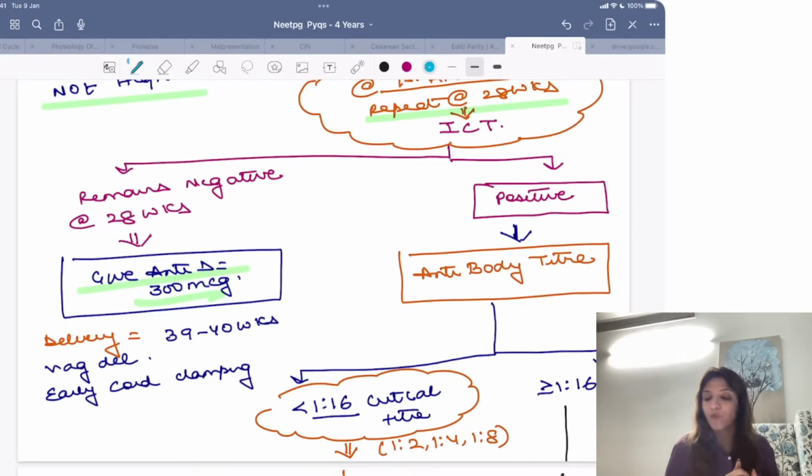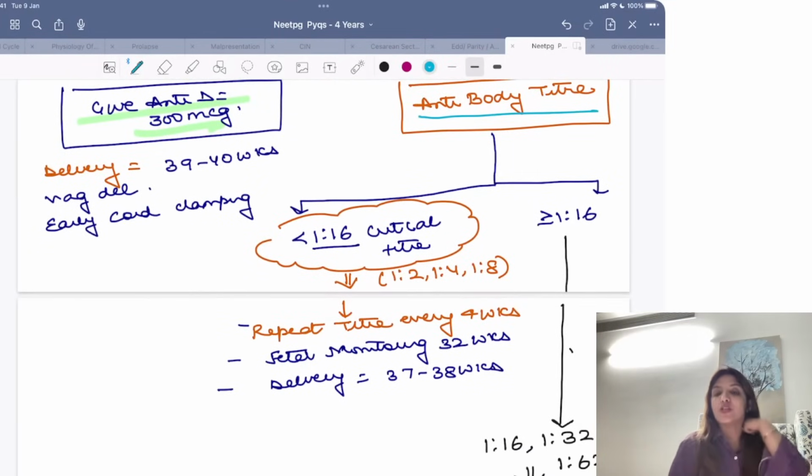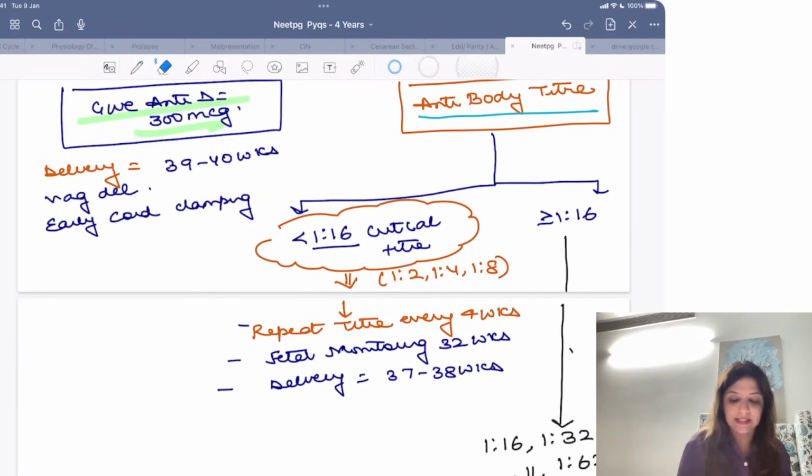Right? Now I want to know how many antibodies the mother has produced. For that I am going to do antibody titer. Now, antibody titer, if it is 1:16, 1:16 is called the critical titer. So, 1:16 is what is called the critical titer.